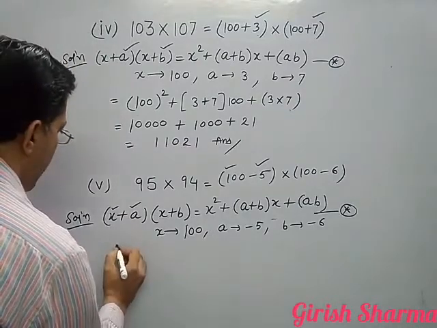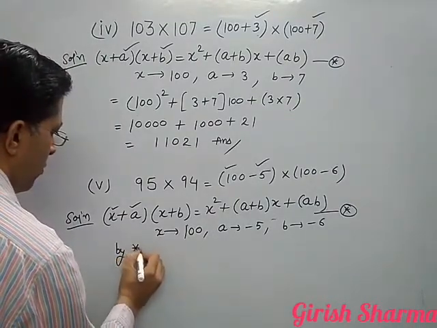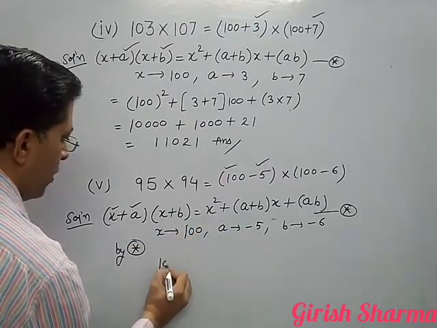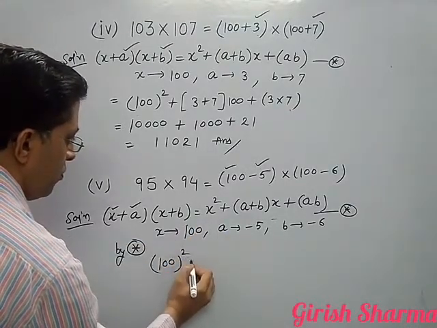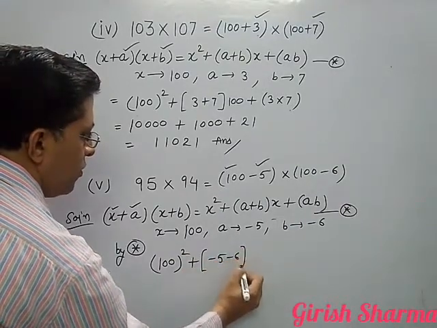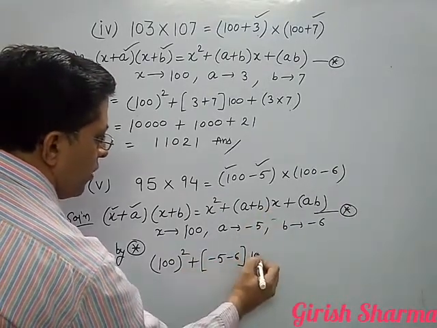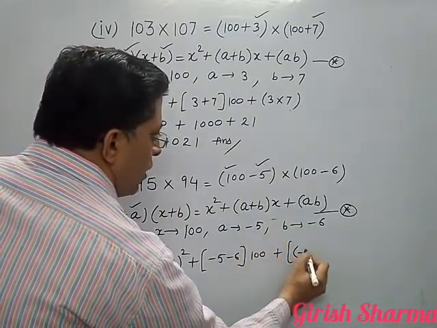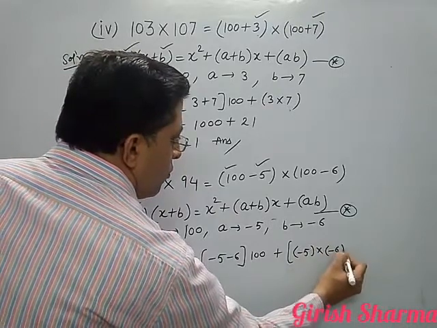See here, by star, on putting x is 100 here, then 100 square. This is minus 5 minus 6. What is x? x is your 100. Then minus 5 into minus 6.